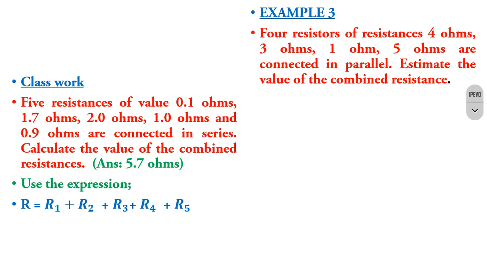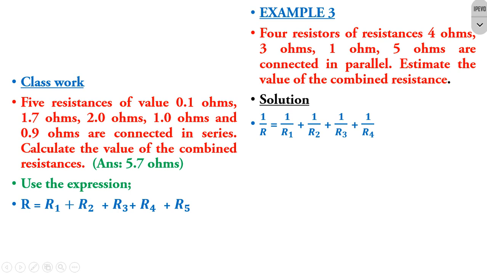So the first one was in series, but this one is in parallel. So we are going to use an expression for a parallel arrangement of resistors. Okay. We now substitute the values accordingly.